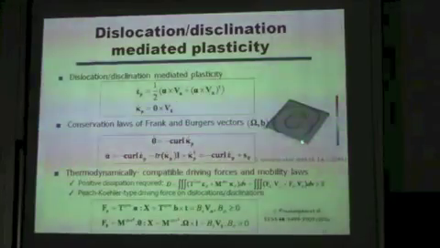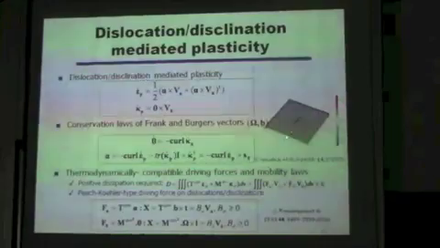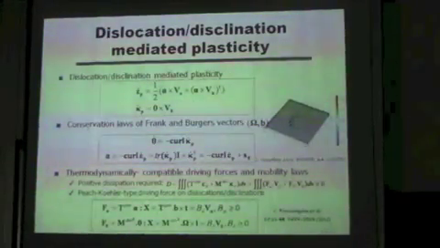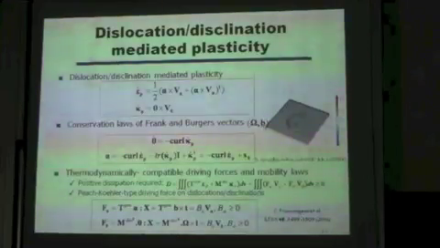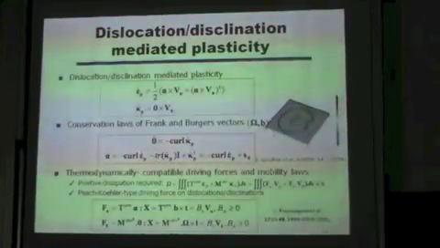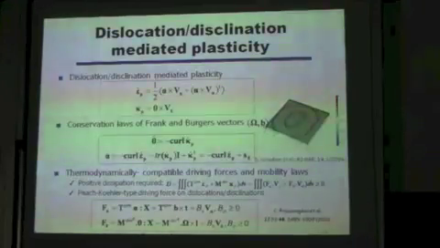For example, here there is a calculation where we show a Frank-Read source. That's a purely kinematic exercise, because we suppose that the velocity of the dislocation is constant. We don't make any relation with the stress field. So it's only a kinematic exercise.